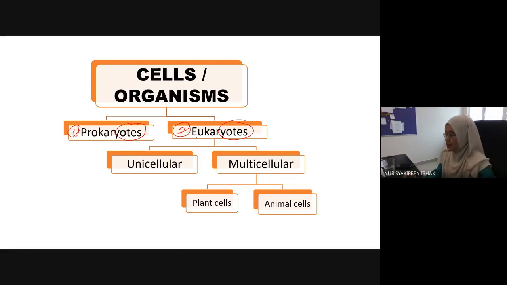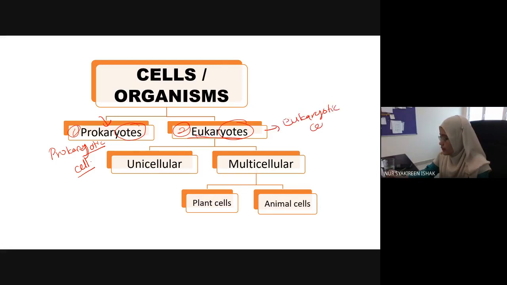Prokaryotes or eukaryotes refers to the organism, while prokaryotic cell refers to the cell of the prokaryote, and eukaryotic cell to the cell of the eukaryote.